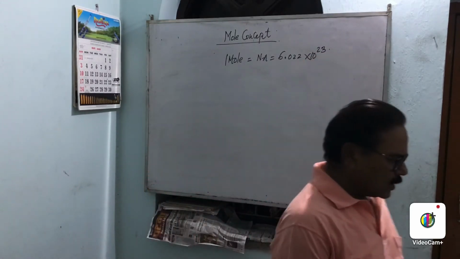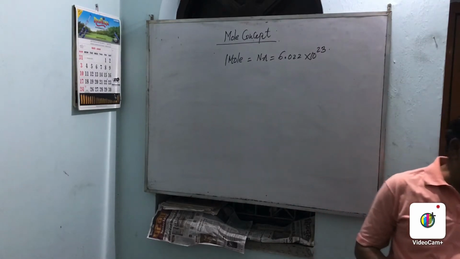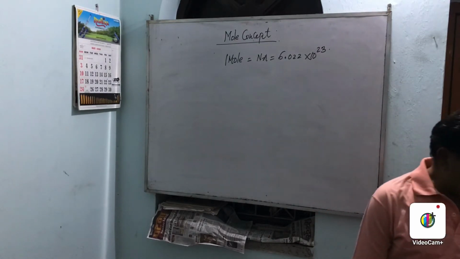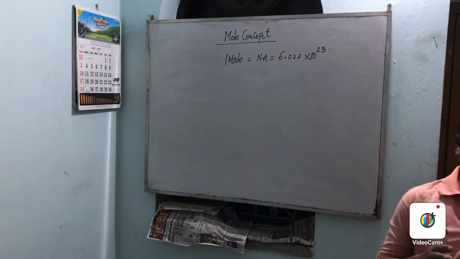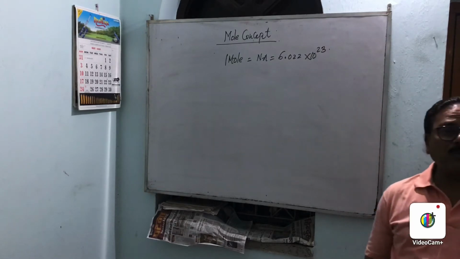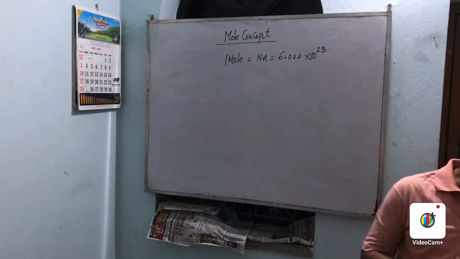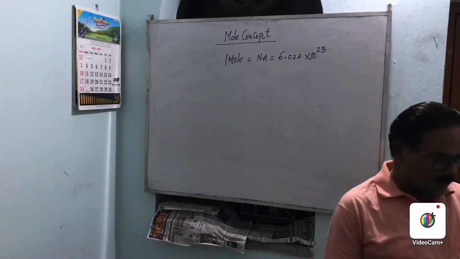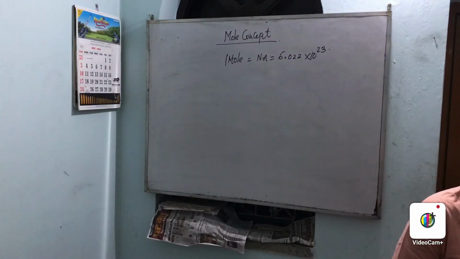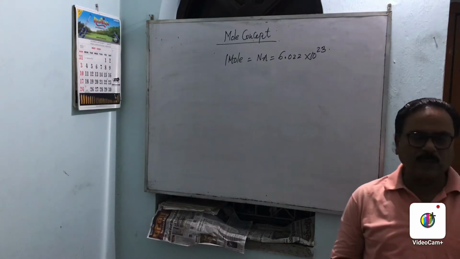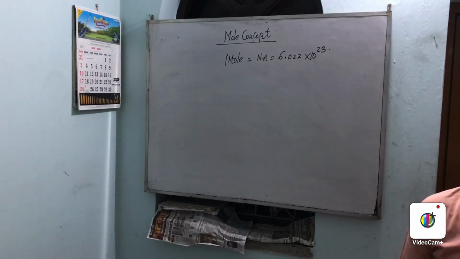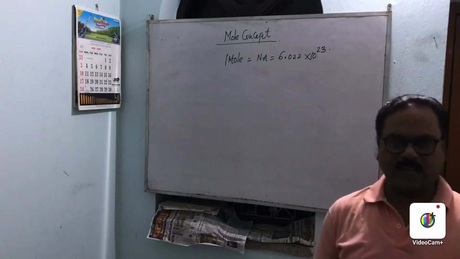The Avogadro number is defined as the number of atoms present in 1 gram of the element, or the number of molecules present in 1 gram molecule of the substance.